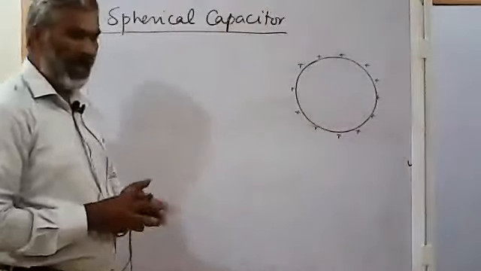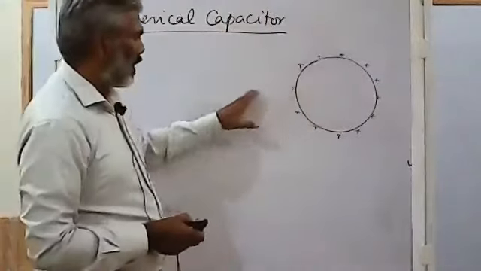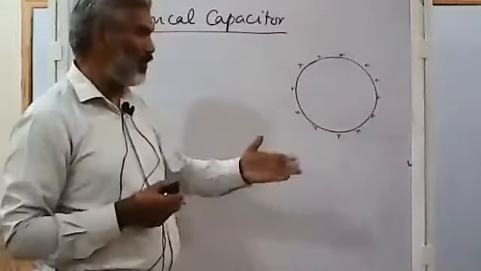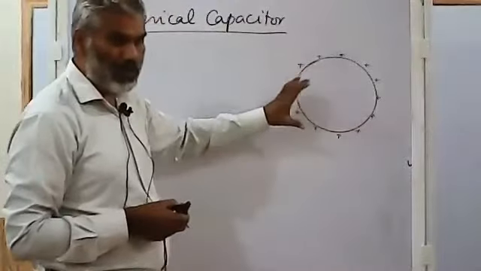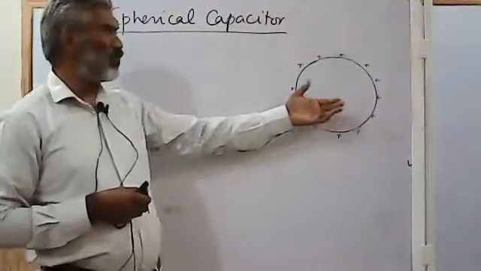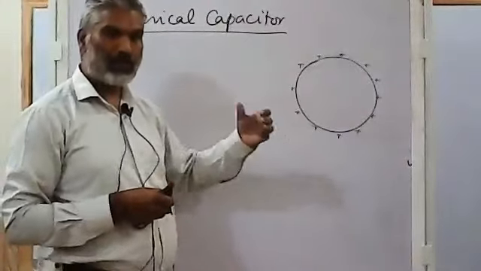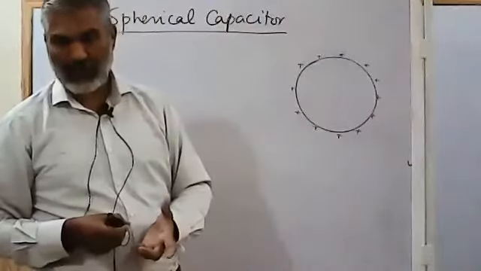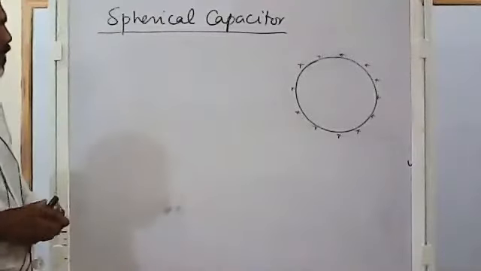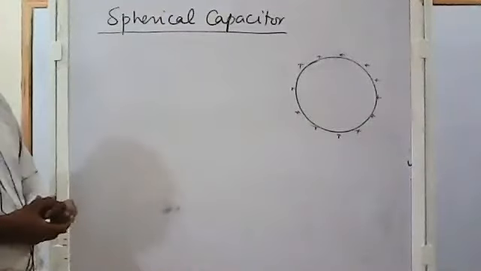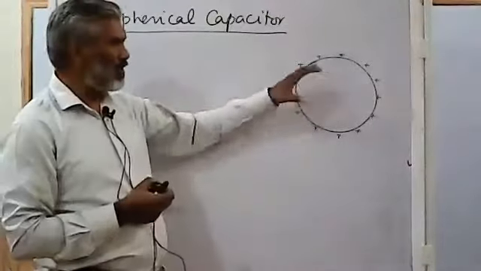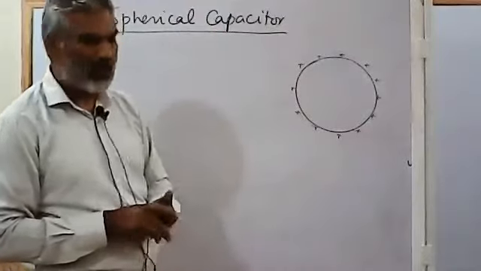It also has an electric field around it. It has a certain value of potential due to the charge given to it. So it is also acting as a capacitor because of its ability to store charge on its surface, its ability to create an electric field around it, to give a potential positive or negative due to the charge on it. So a spherical capacitor is simply a solid sphere which is given a charge on its surface.